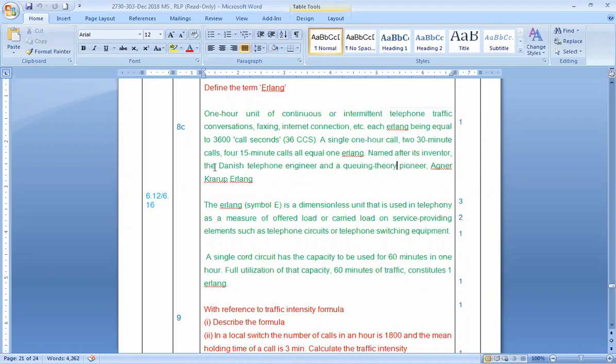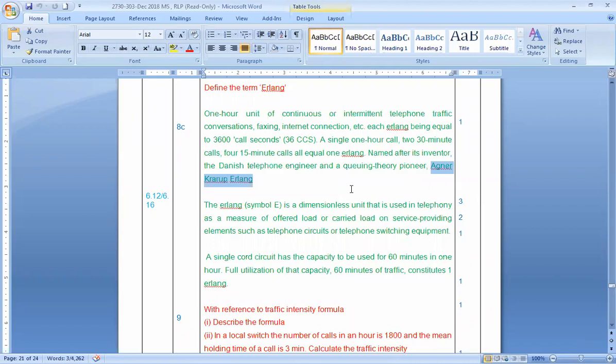It is named after the inventor, Danish telephone company engineer Agner Krarup Erlang, who came up with this technique for checking the performance of the network.